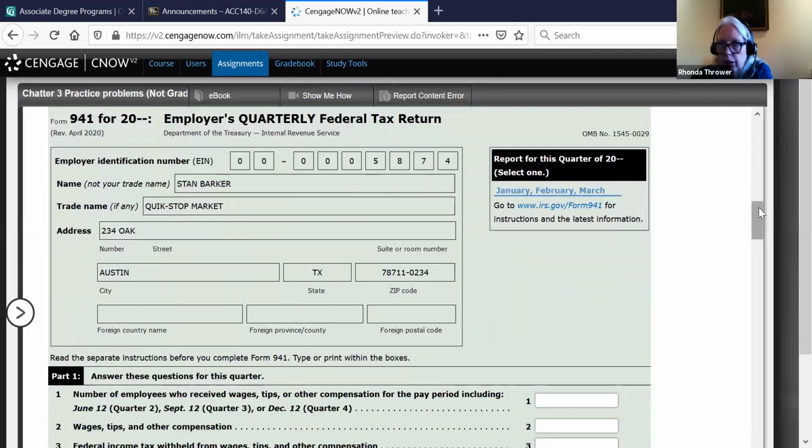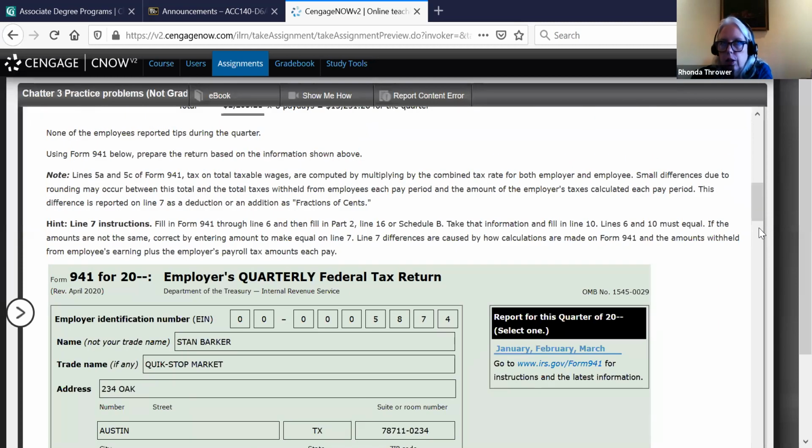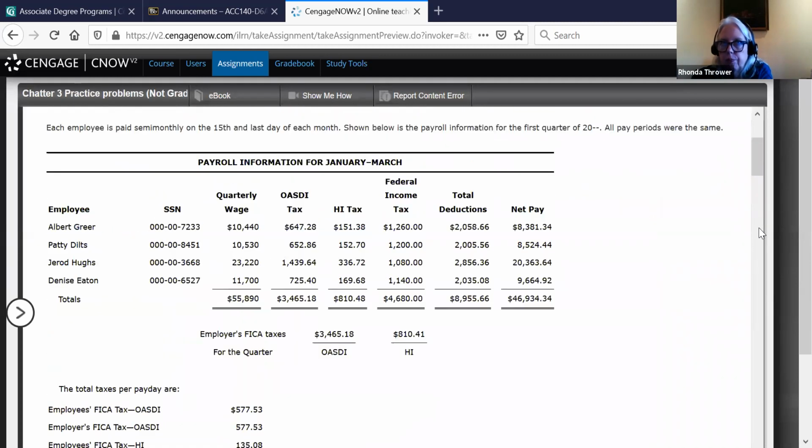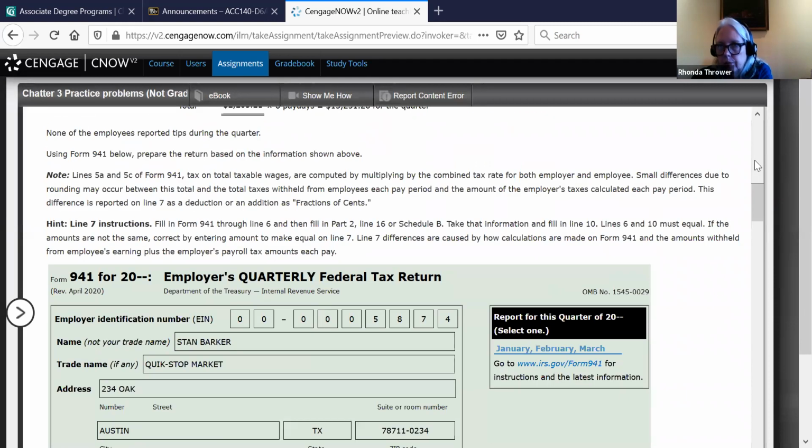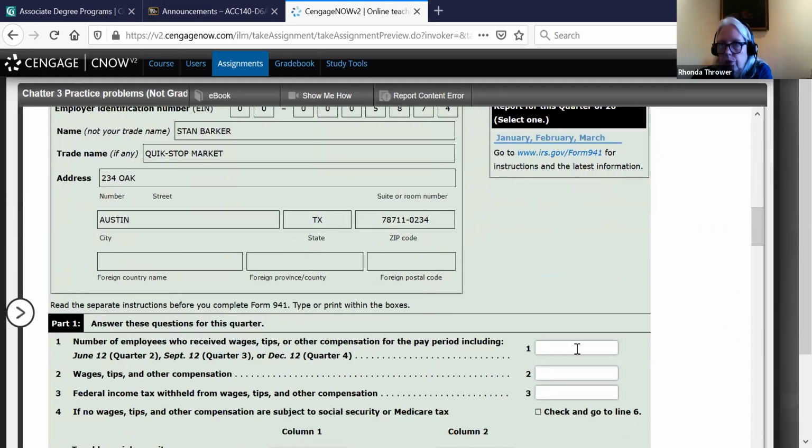Then we're going to scroll down here and we're going to put in the number of employees who received wages during this period of time. So you count them. There's 1, 2, 3, 4 employees. So for line 1, we put down there were 4 employees for this pay period.